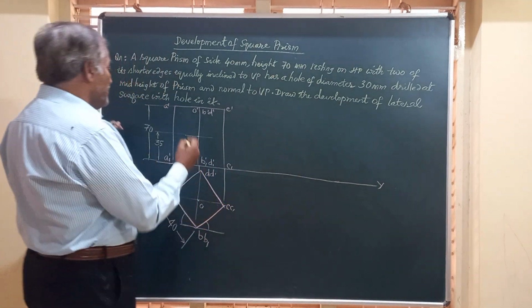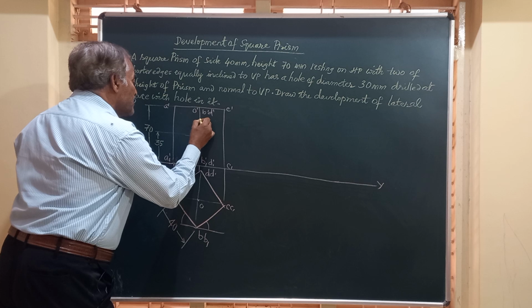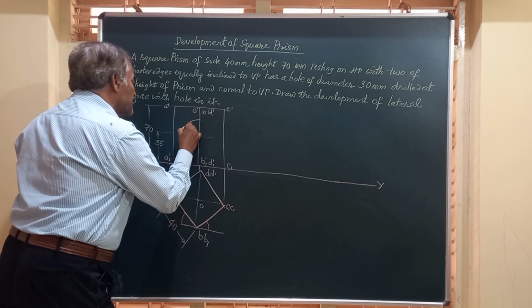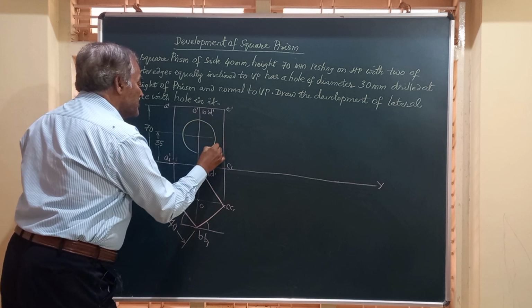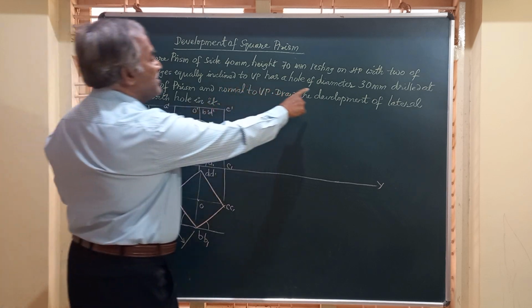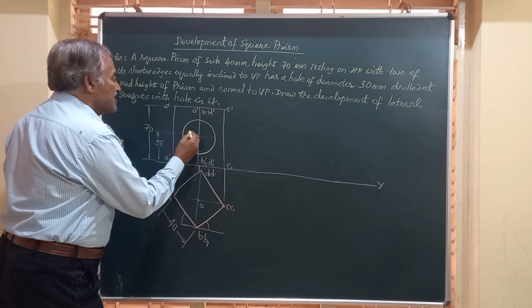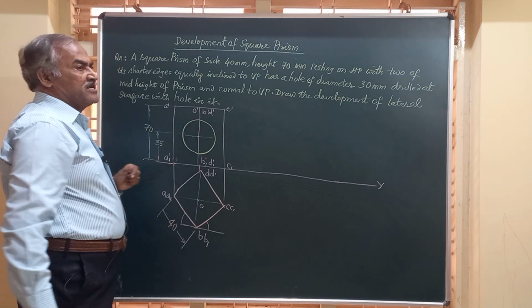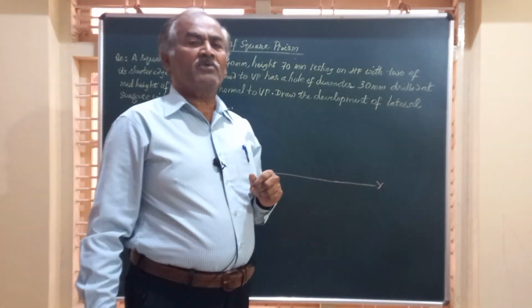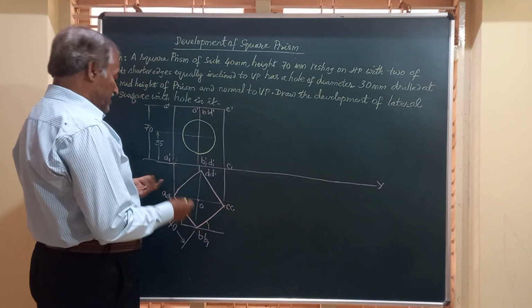And here we draw a circle of the given diameter, 30 millimeter. This is the circle, or the hole drilled in the plate.